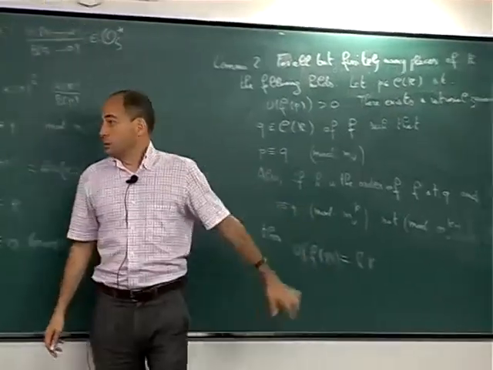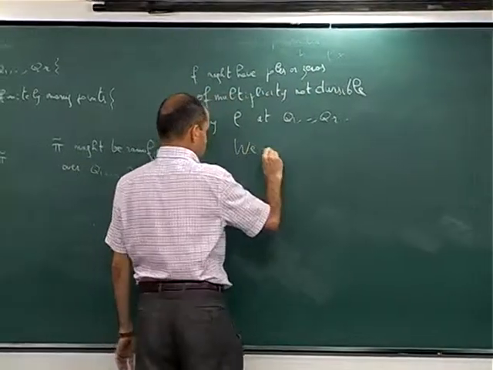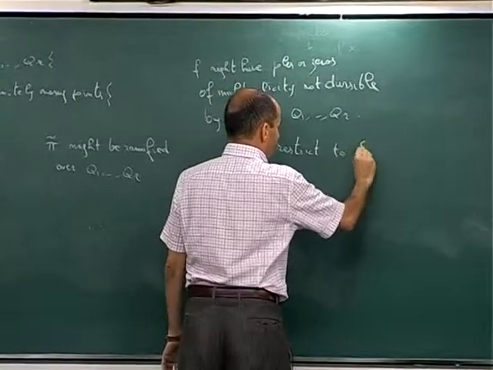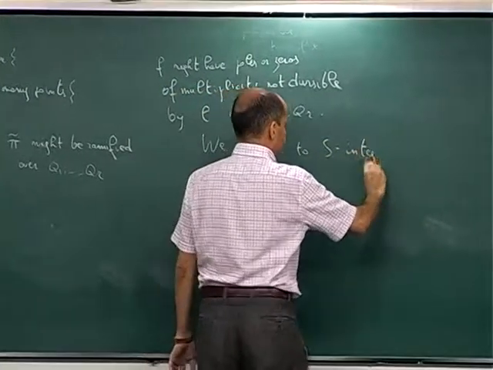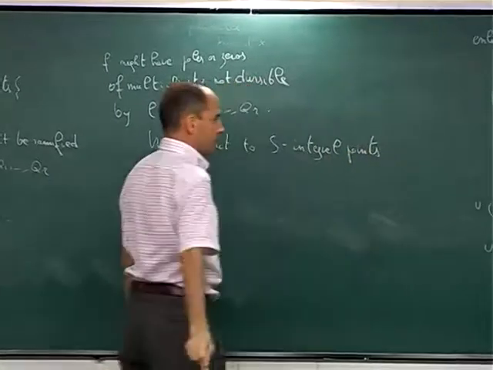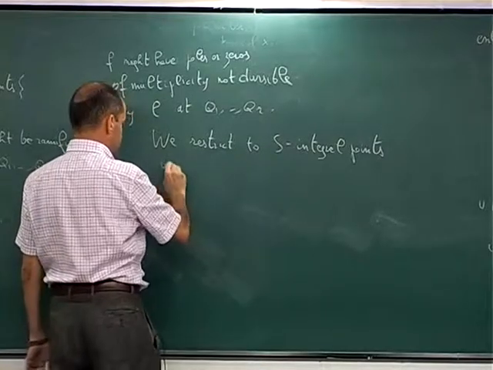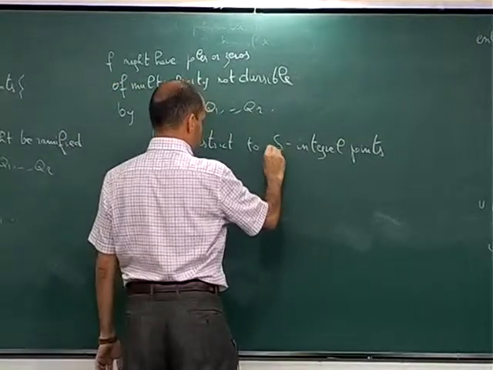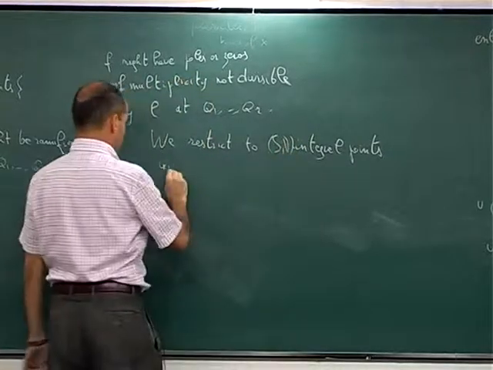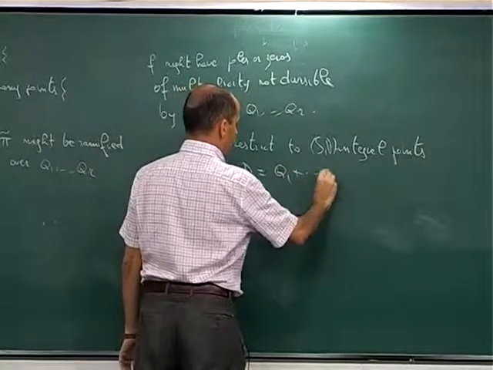But if we restrict to S integral points, which means with respect to, well, actually I call this SD integral points with D the divisor Q1 plus ... plus QR.